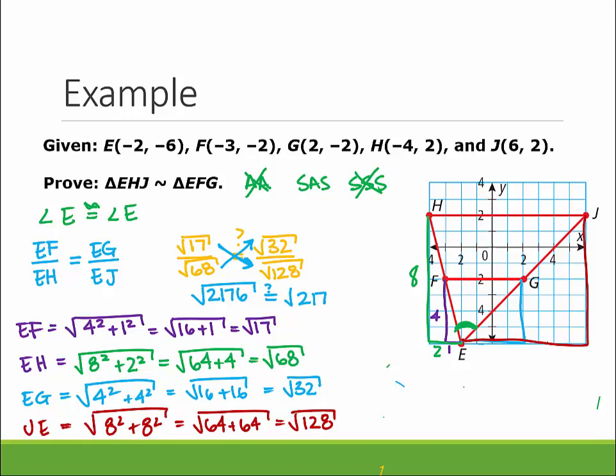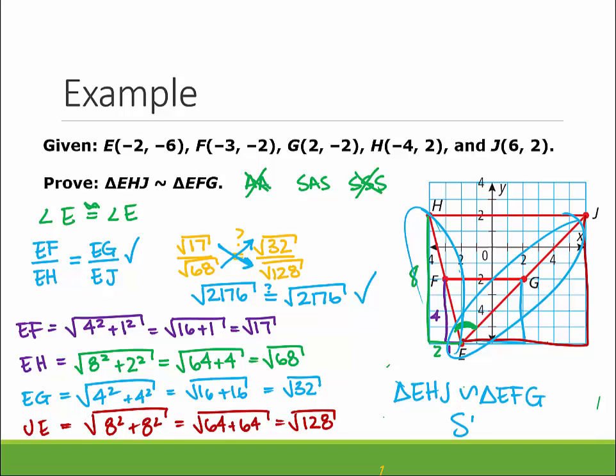And we end up with exactly the same thing. So because of that, we know that these two sides are proportional to each other, and we can prove that EHJ is similar to EFG by side-angle-side.